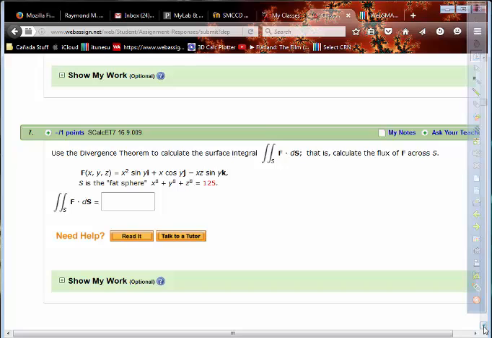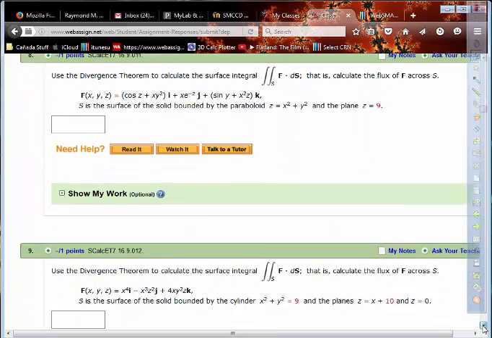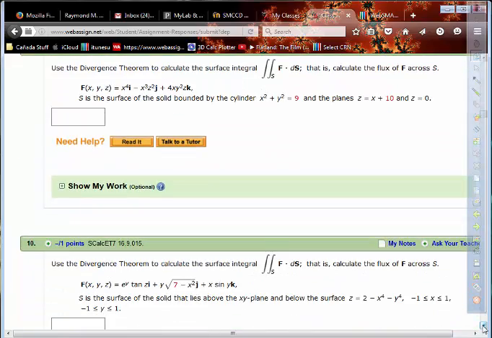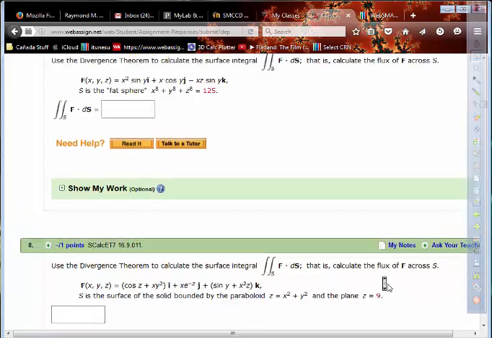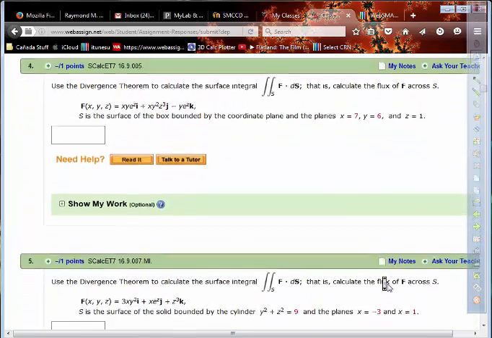Fat sphere. What's a fat sphere? I don't know if I want to do a fat sphere. All right, getting too crazy here.